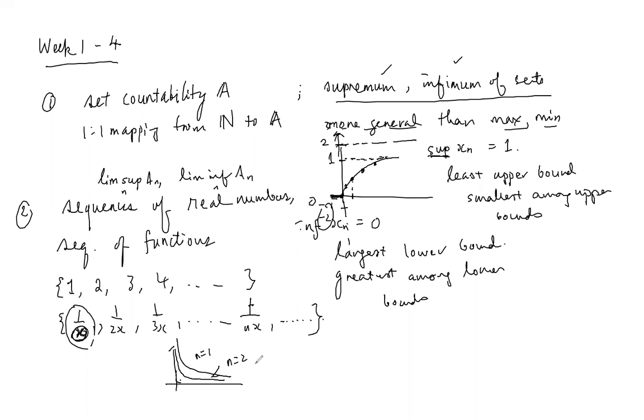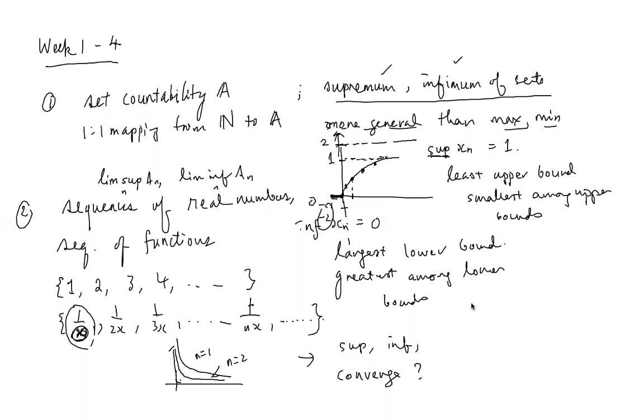So when you have sequences of real numbers and functions, then of course you can talk about their supremum, their infimum, and whether they converge or not. Okay, whether these sequences converge or not.